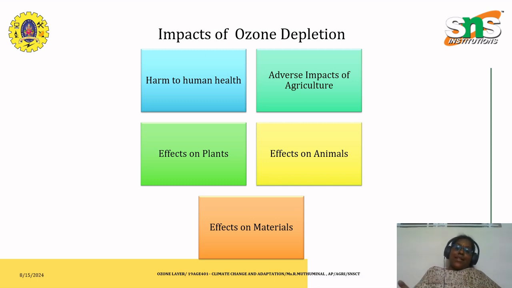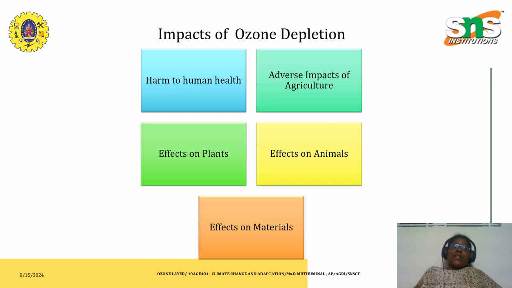Crops come under plants, and animals come under poultry farming and everything. So even though humans are getting affected, we can say that we have pain or anything, but in the case of plants and animals, it is not possible. So the hazardous effect caused over plants and animals is very serious compared to that on human health.